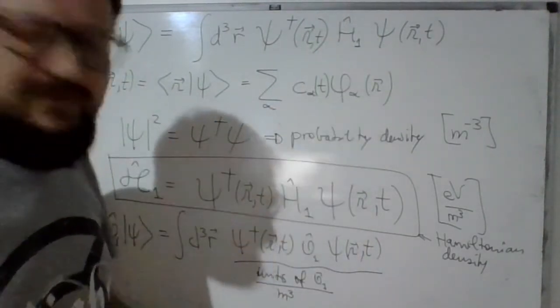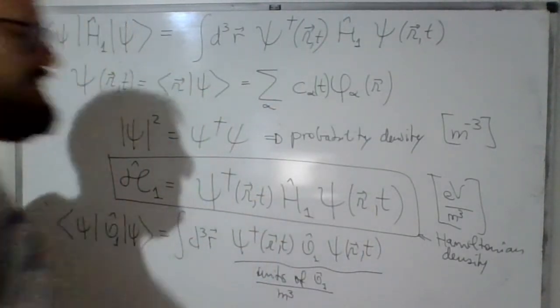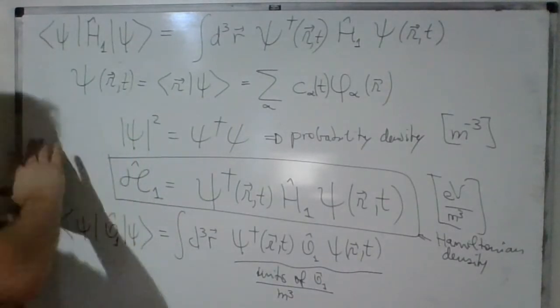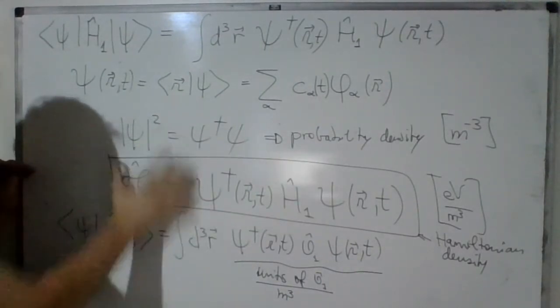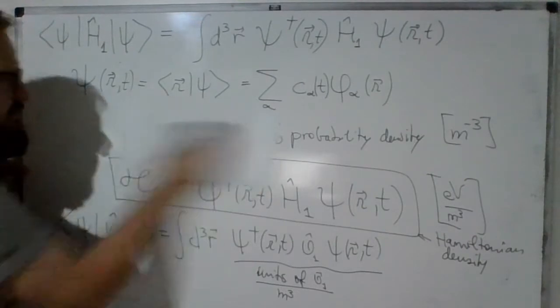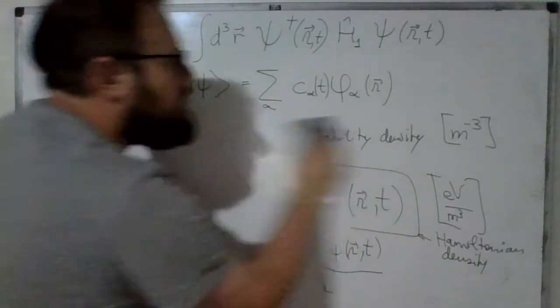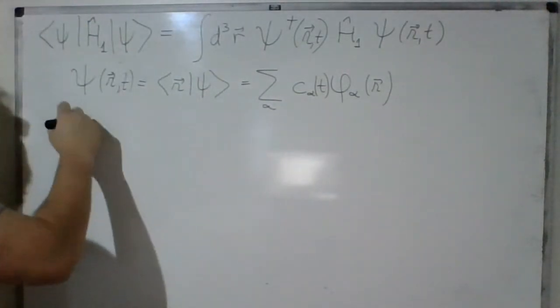What we need to do to second quantize it? Let me just erase this part here. So for second quantization, what do we need to do?